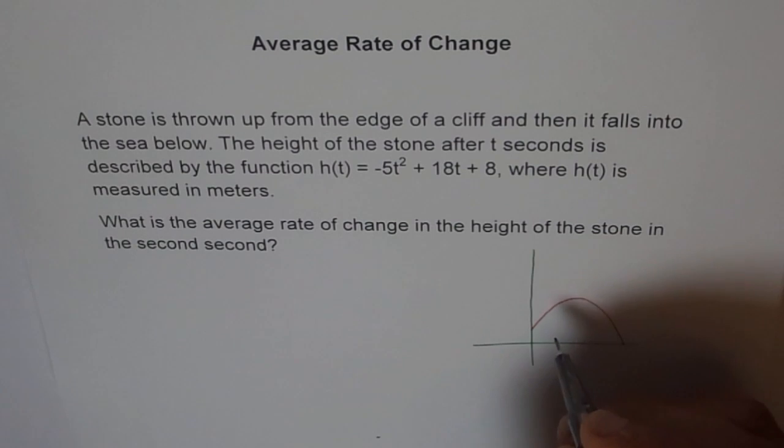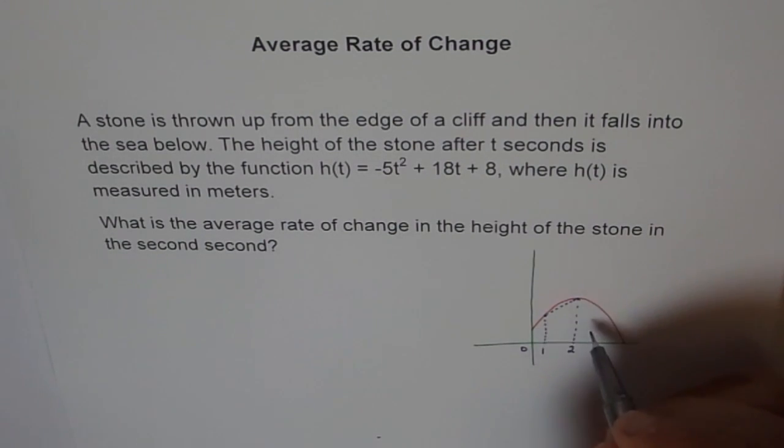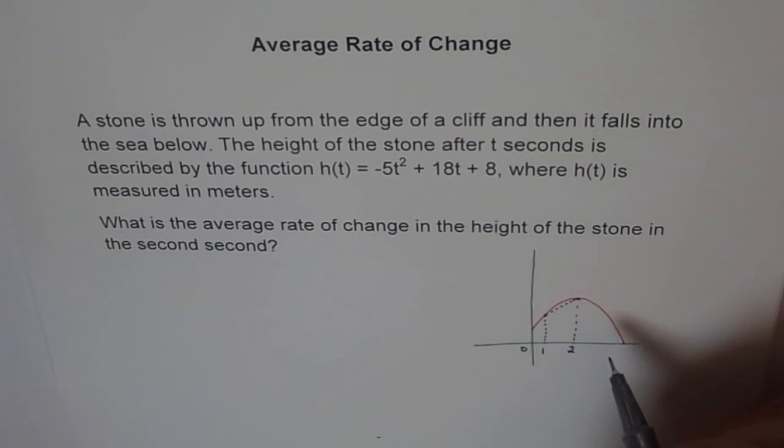So let's say this is our first second and this is our second. In that case, this is your average rate of change which you're talking about. If this is t equals 1 and this is t equals 2, this is not to the scale, I'm just trying to visualize, and we can always draw an accurate graph from the equation, that's a different story.